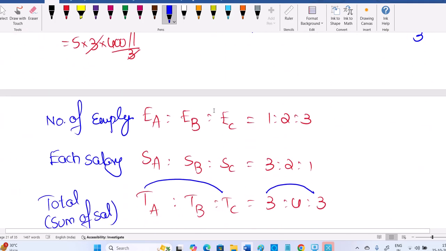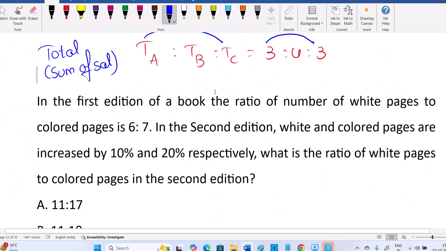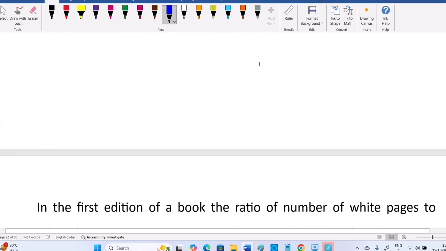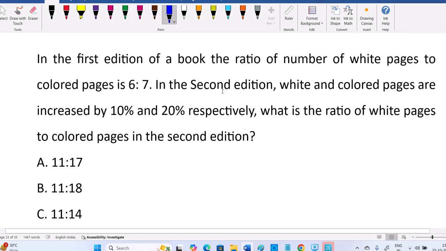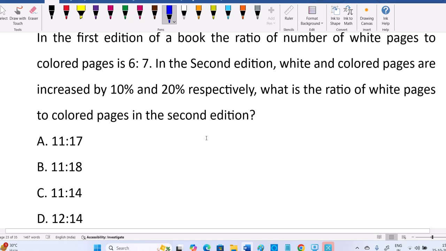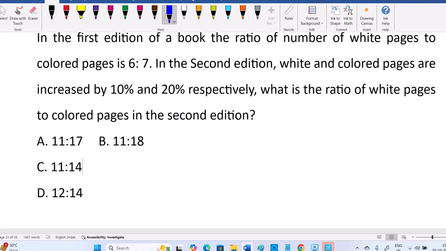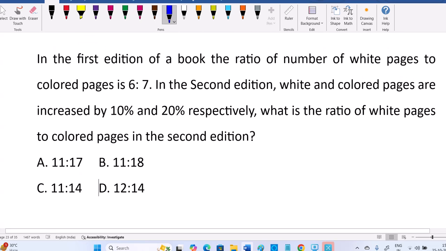So let's see the next question. Ratios combined with percentage. Let me see how many of you will get the answer. It's not that difficult. In the first edition, 1E means first edition, white pages and color pages are in the ratio 6:7.